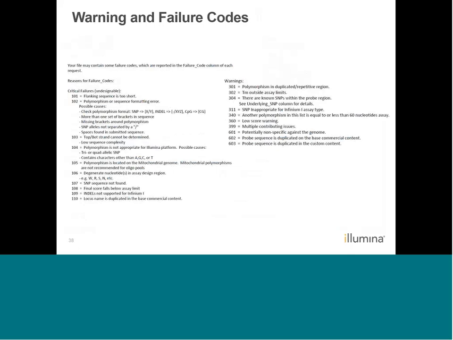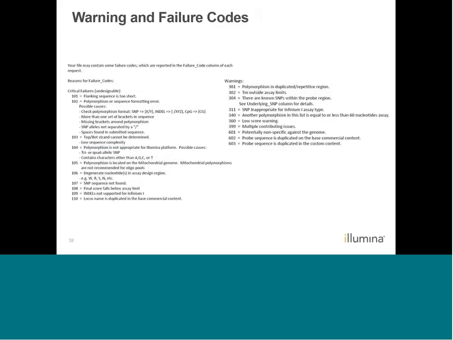If you look on the right, the warning codes are given the numbers in the 300s and the 600s, and any target that has a warning code can still be included in your content. The fact that it has a warning code indicates that there may be a lower probability that that probe can be successfully used, but it still can be included. A lot of these you can see can be modified, and hopefully you can eliminate some of these codes.